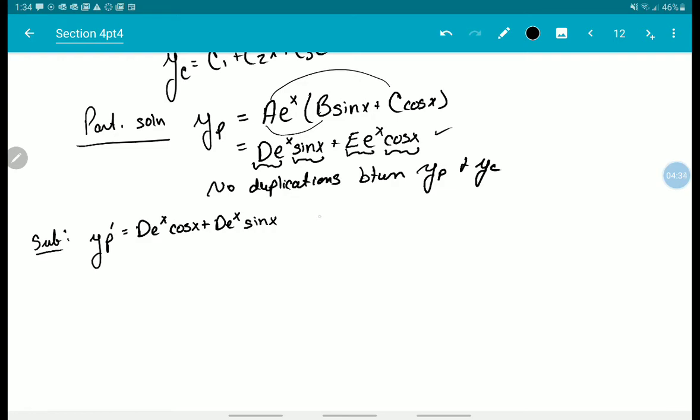So it's going to be first one, derivative of the second, but the derivative of the cosine is the negative sine, plus the second, derivative of the first. To find second derivative, we're going to do product rule again, so we get to do it several times.